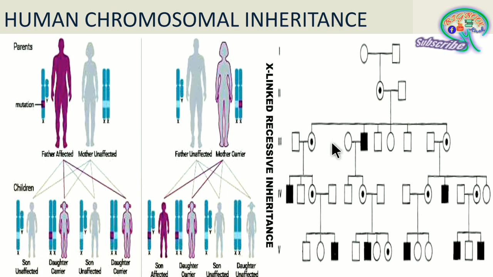Here, I have selected this pedigree because there can be a chance of appearance of the genetic disorder in every generation, even in X-linked recessive inheritance. For that sake I have selected this particular pedigree of a particular family.